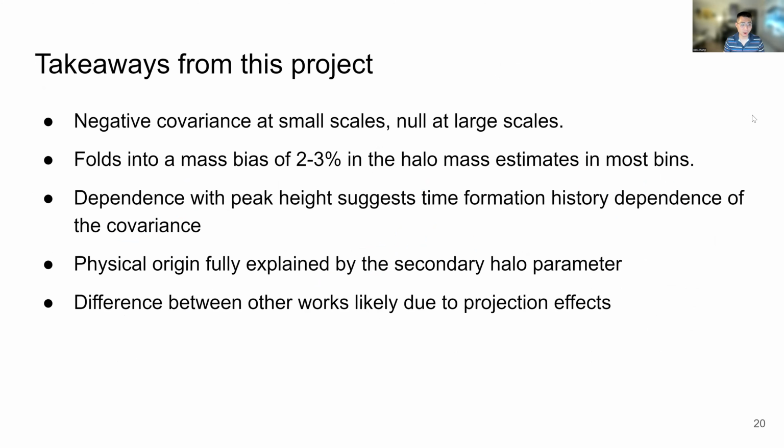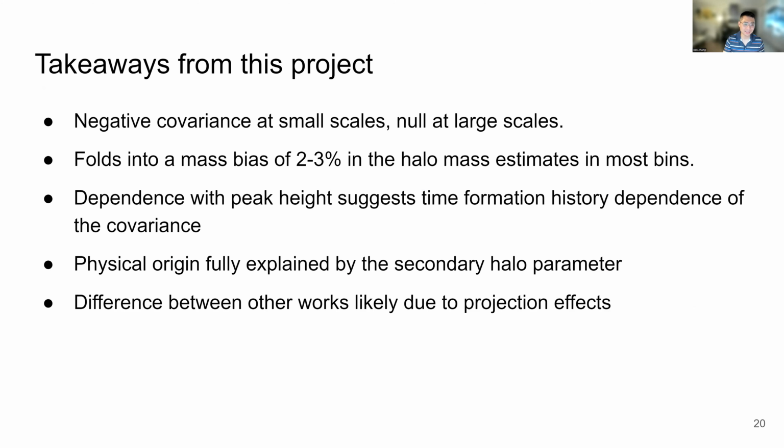The takeaways from this project are: we find a negative covariance at small scales and a null covariance at large scales between weak lensing observables. This folds into a mass bias of 2 to 3% in most bins, and this is an important systematic that needs to be modeled.